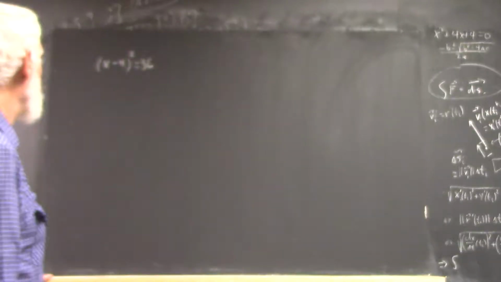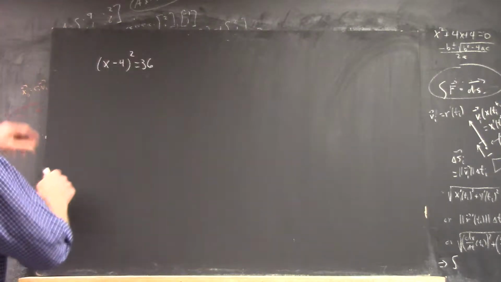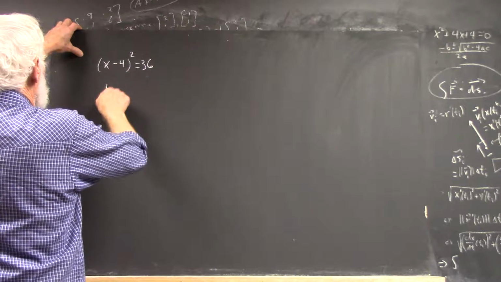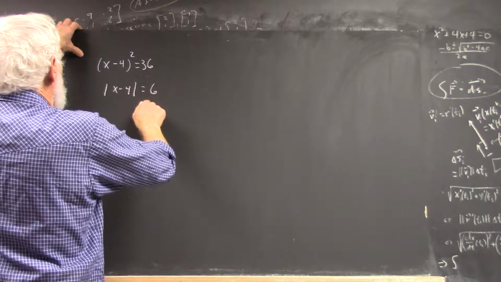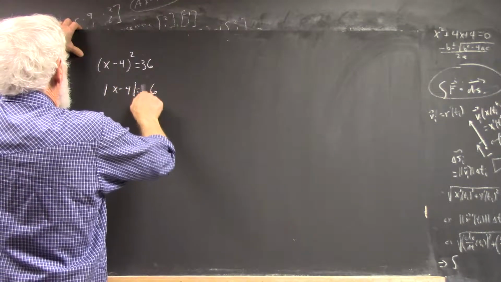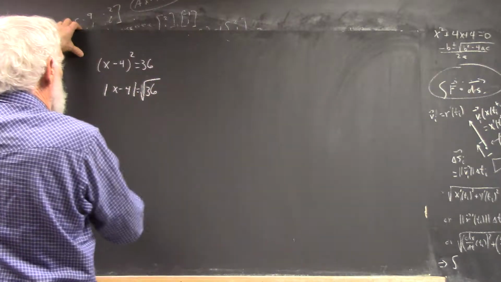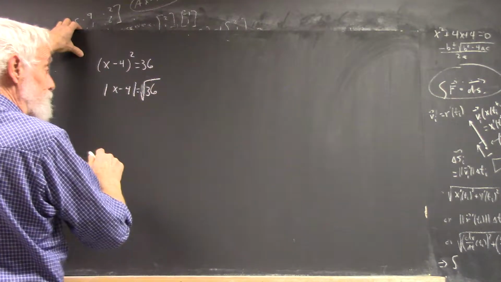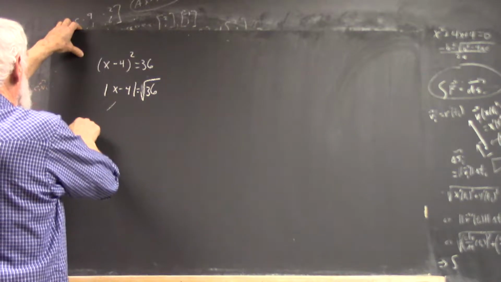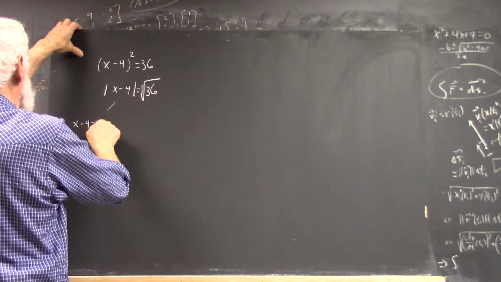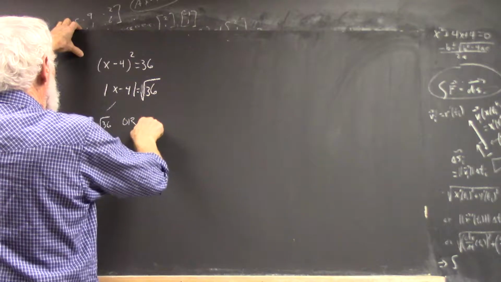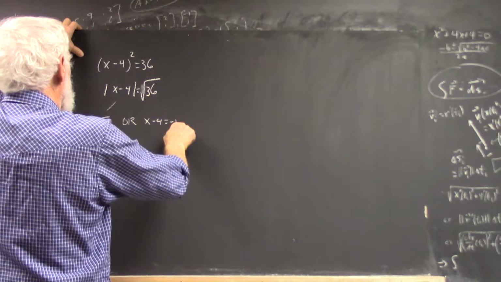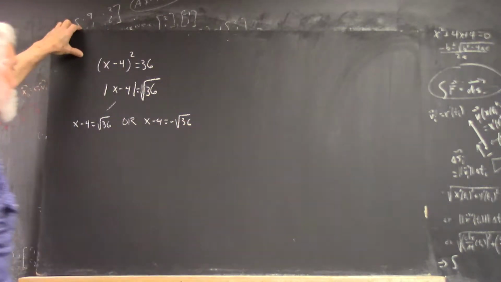This tells us that the absolute value of x minus 4 equals the square root of 36, so that x minus 4 equals the square root of 36, or x minus 4 equals negative square root of 36.